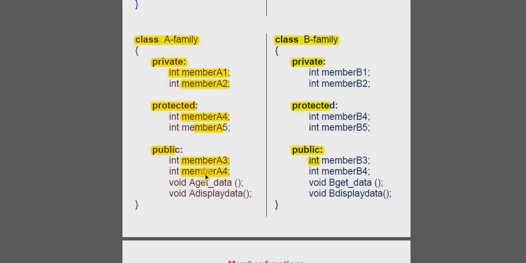Other classes can also use public variables. Protected means protected variables can be used only by subclasses, not all classes. Subclasses means child classes. We will see that in the next topic. So this is the explanation of these access specifiers: private, protected and public.